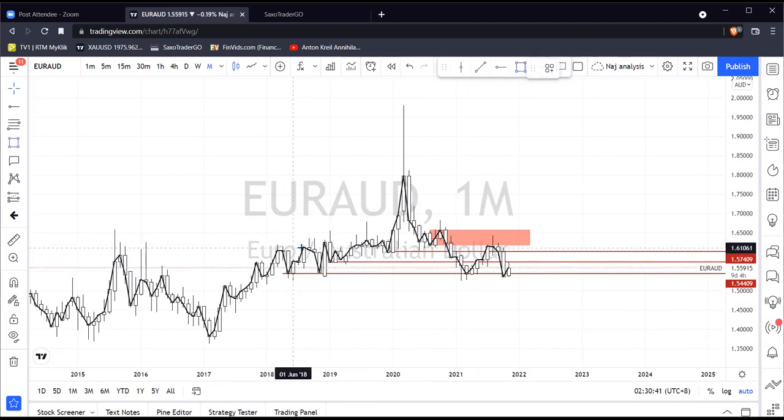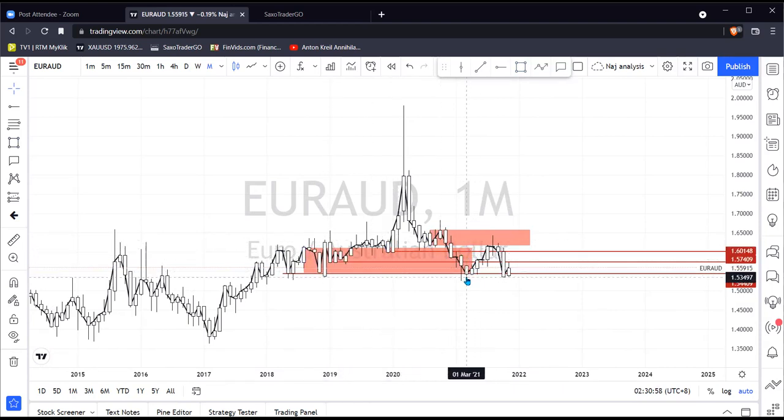Remember when I said breakout to breakout, support to resistance? If you see this, it actually completes the direction already. That's why it goes up.